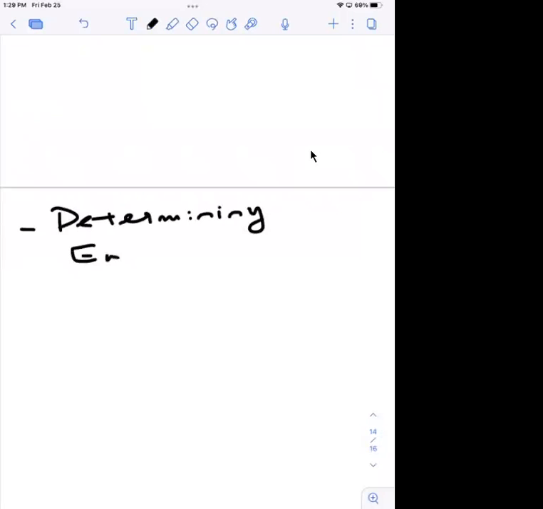Now we're going to use the information that we know to talk about determining empirical formulas. Can somebody tell me what the empirical formula was when we talked about it in the last chapter? What the definition is? Anybody remember?